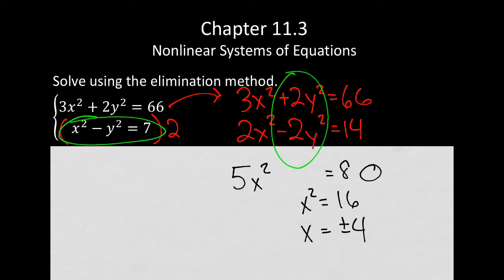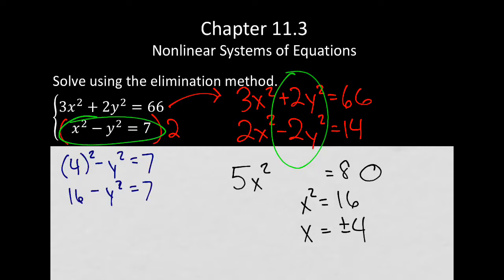If we plug in x equals 4, we're going to have 4 squared minus y squared equals 7. 4 squared is 16, minus y squared equals 7.